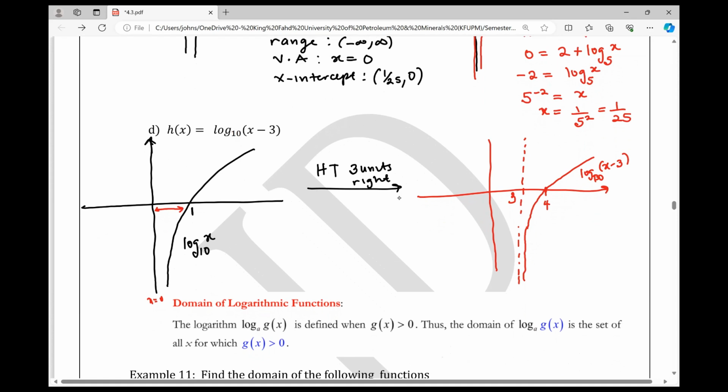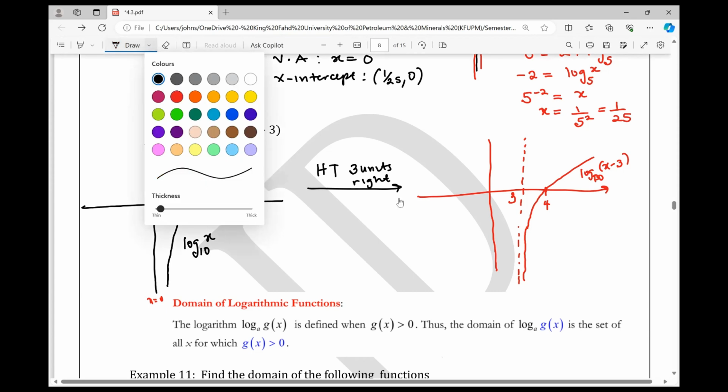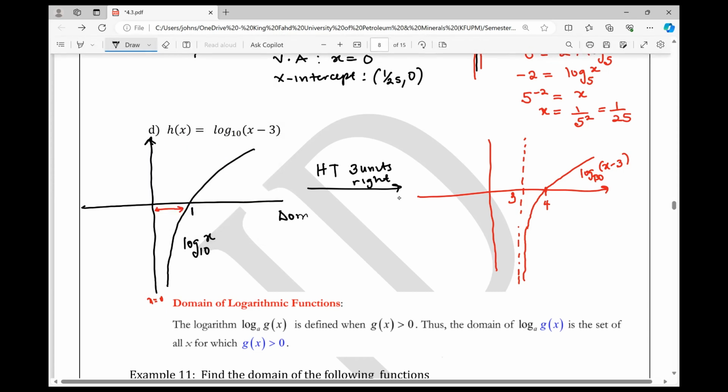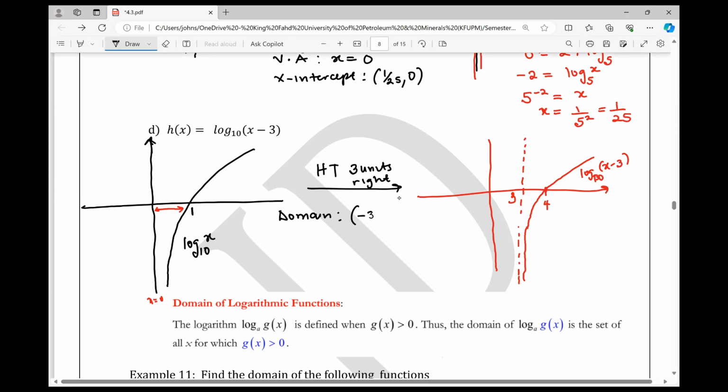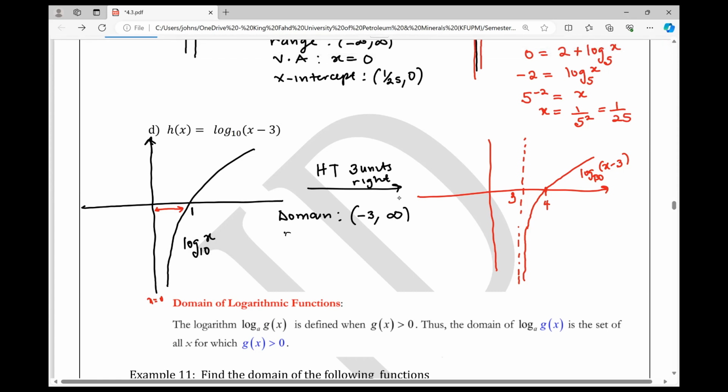So here we can see the domain in this case. The domain is from where to where? It's from the vertical asymptote 3, then you keep going to infinity.